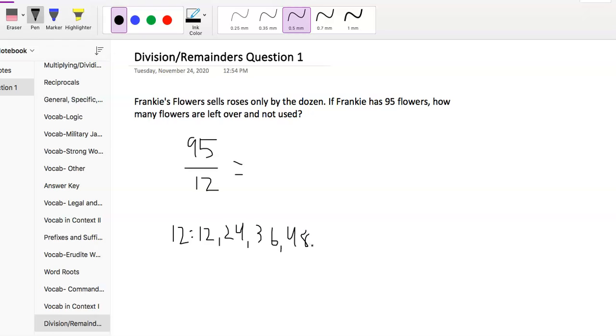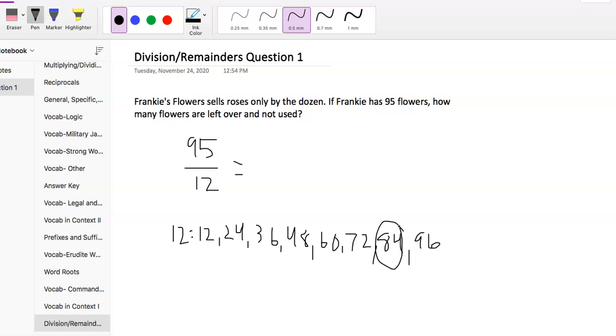That's 12 times 4 is 48. 60. If you're at the point where you can all of a sudden do this in your head really fast, great. If you're not, don't worry about it. 84, and then 84 plus 12 is 96.